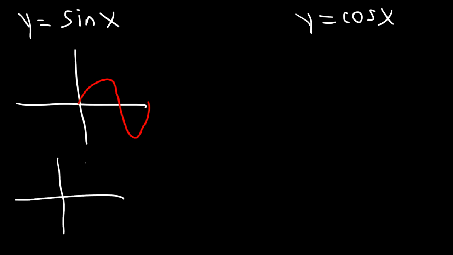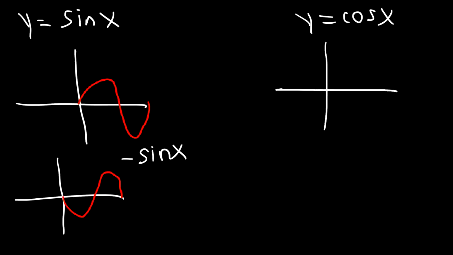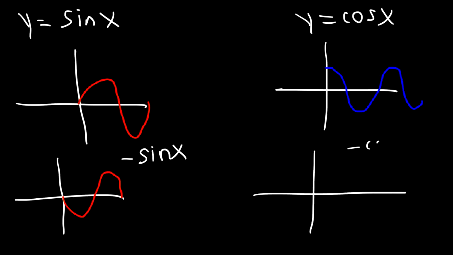Negative sine x, it starts at the center, but instead of going up, it's going to go down first. If you put a negative in front of a function, it reflects over the x-axis. Positive cosine x starts at the top, and then it alternates. Negative cosine x starts at the bottom, and then it alternates.